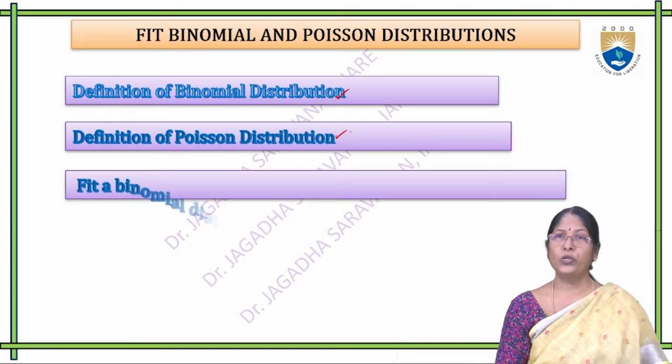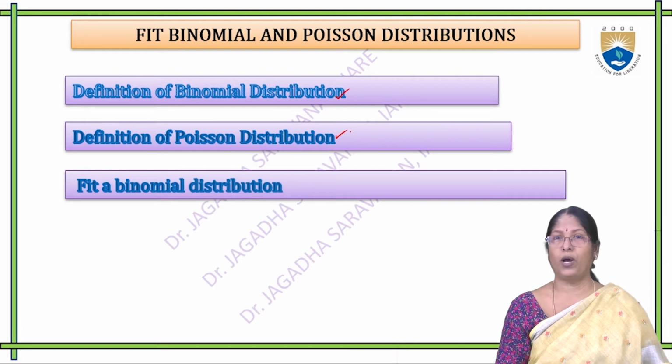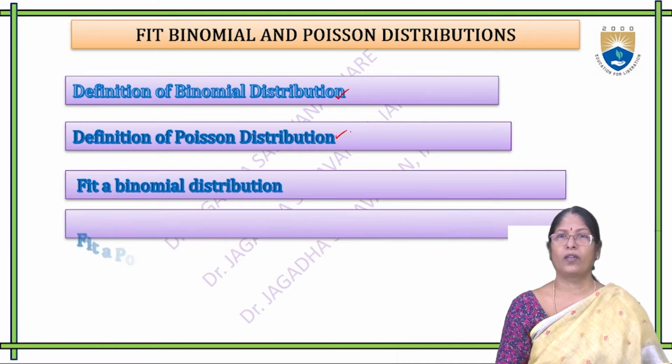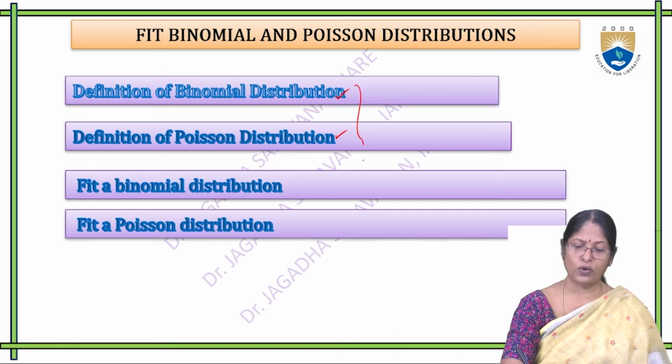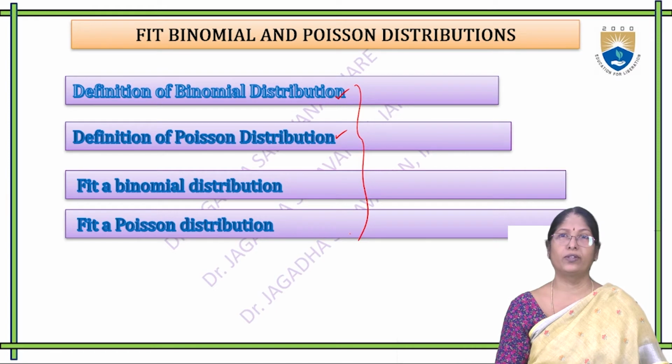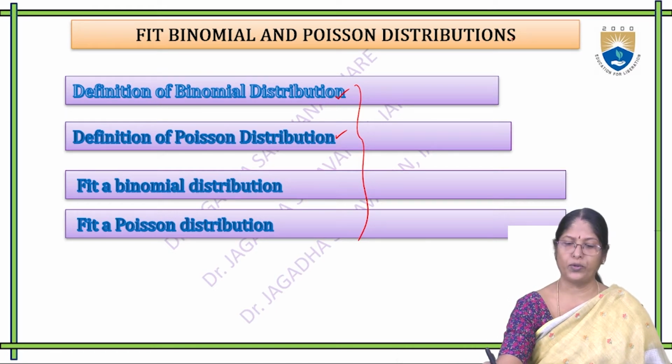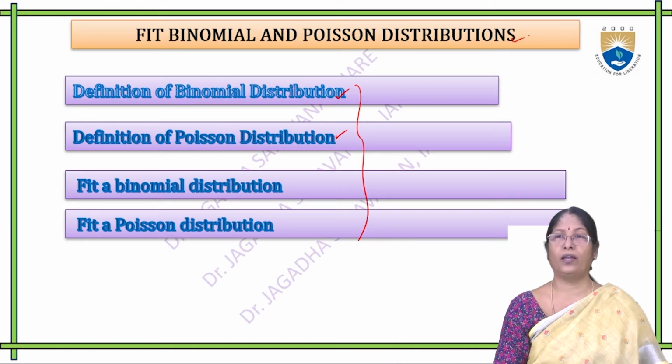Next, we are going to do the problems concerning how to fit a binomial distribution and how to fit a Poisson distribution. These are the main 4 subtopics we are going to discuss in this video lecture: fit binomial and Poisson distributions.